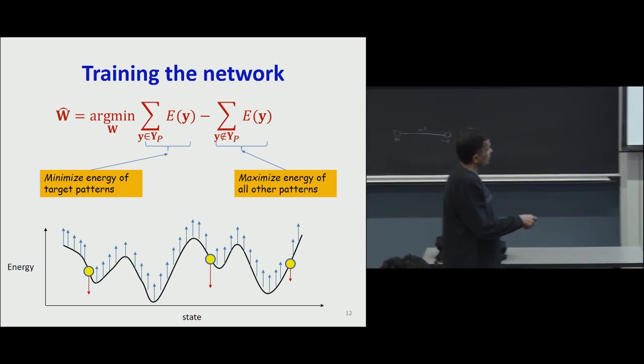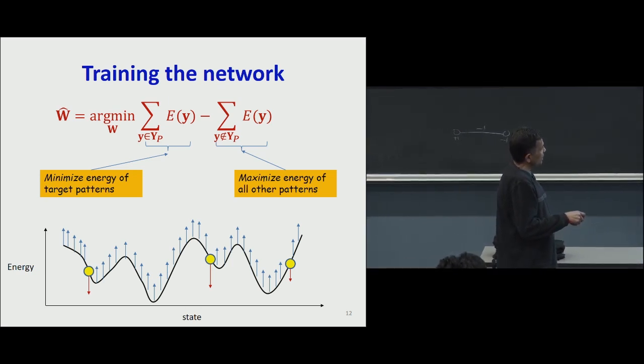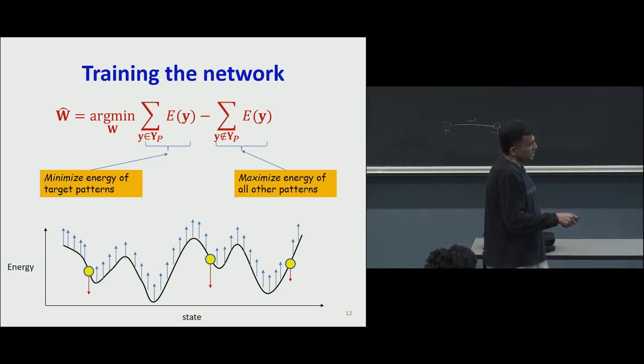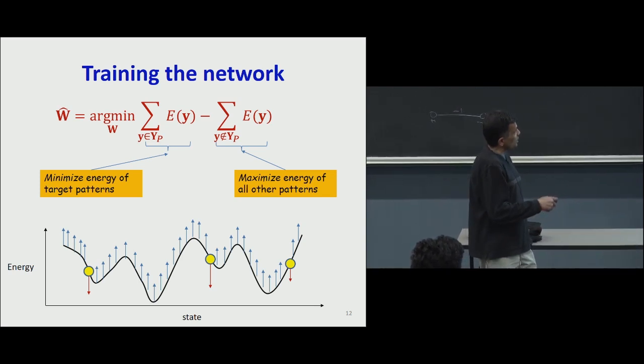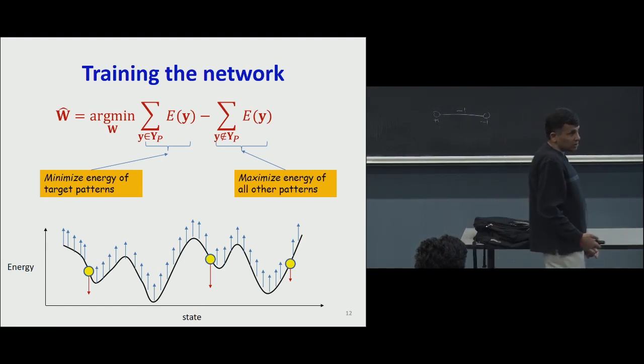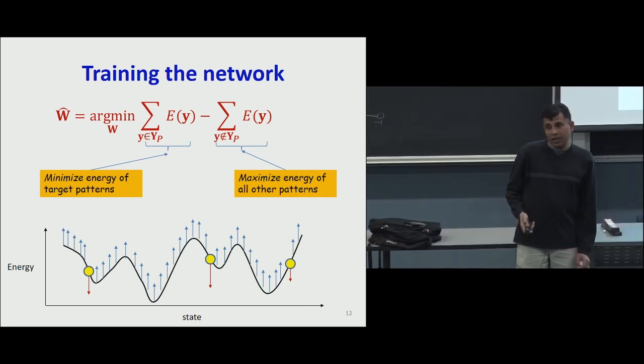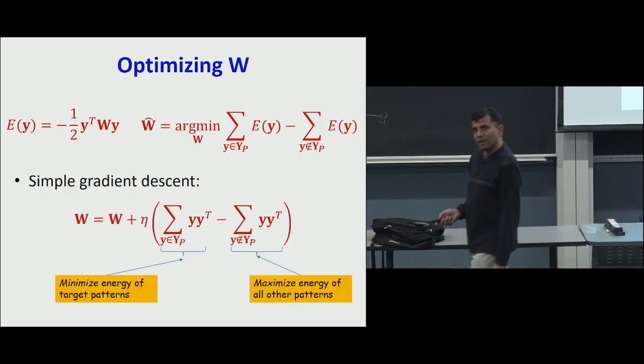So if your current weights result in some energy contour, you want to keep modifying the weights such that the energies associated with these target patterns that you want to store get reduced, and the energies for every other configuration increase.